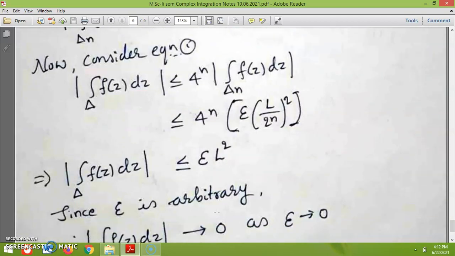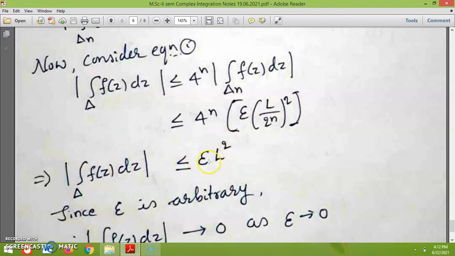It should be less than epsilon times L by 2 power n, squared. So this 4 power n and this 4 power n cancel each other, so that it becomes L square into epsilon. The integration of f of z dz over that, its magnitude is always less than or equal to epsilon into L square.